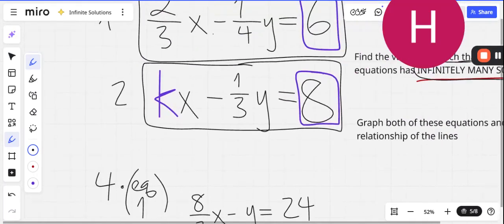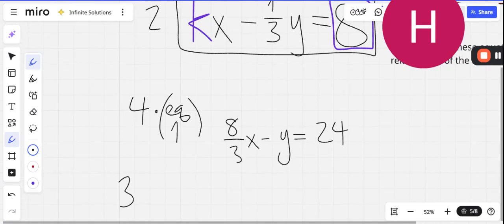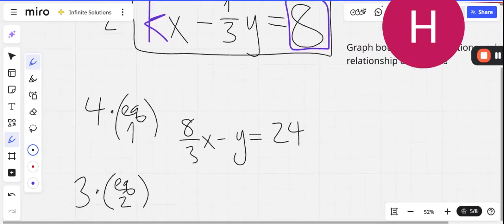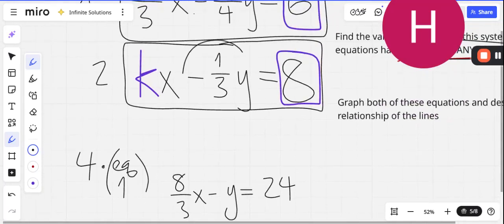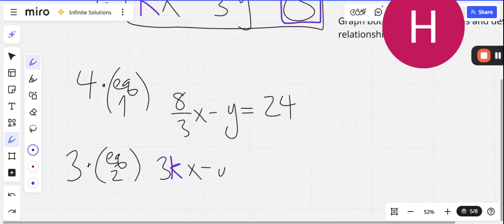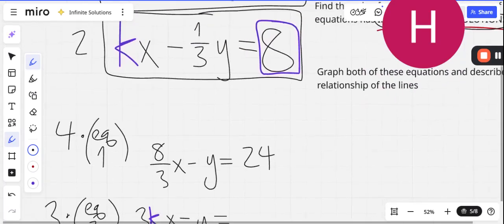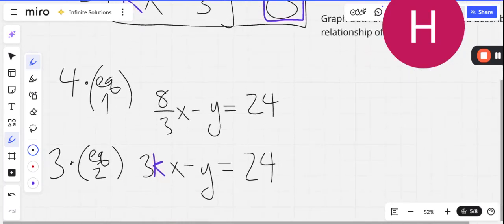Meanwhile, I should multiply the second equation by 3 because that will turn the 8 into a 24. So what am I going to have? I'm going to have 3k times x minus, look at that, 1/3 times 3 is just 1, so I have minus y, that matches, equals 24. And if we think about it, it should match.